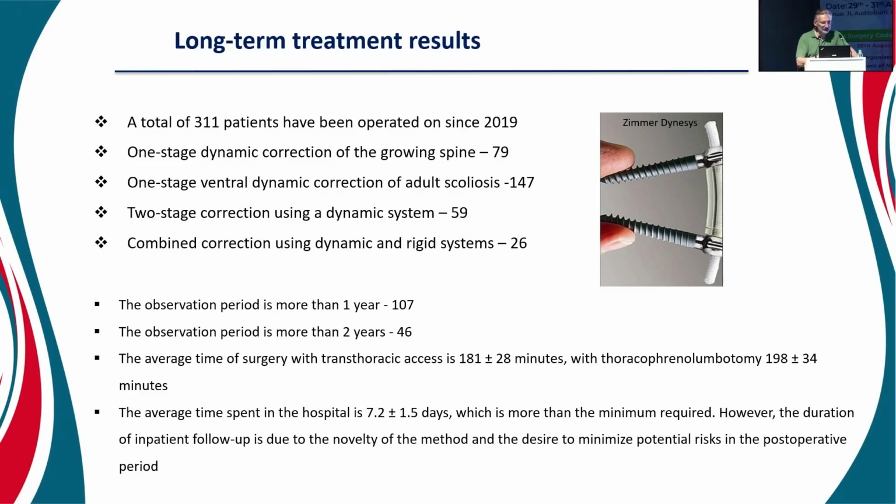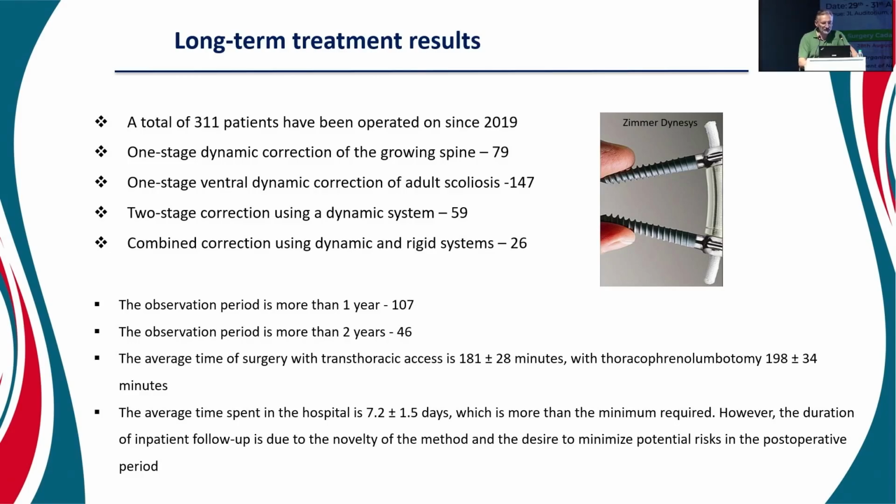One-stage dynamic correction of the growing spine was performed in 79 patients, one-stage ventral dynamic correction in adult scoliosis in 147, two-stage from the left and right side in 59, and combined dynamic and rigid correction, usually rigid in the thoracic spine and dynamic in the lumbar spine. Observation period of more than 1 year, 107 patients, and more than 2 years, 46 patients.